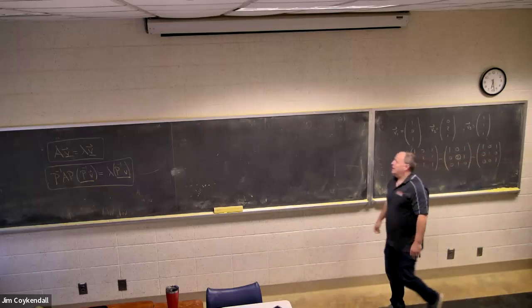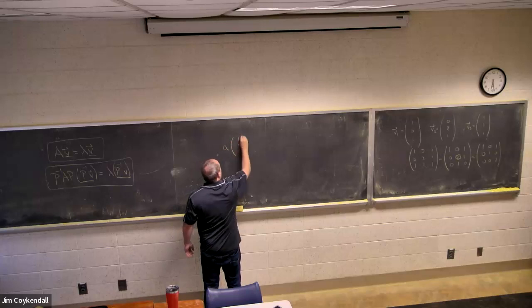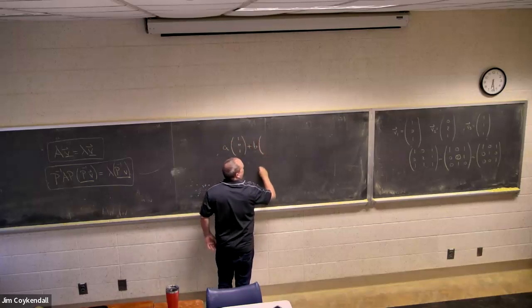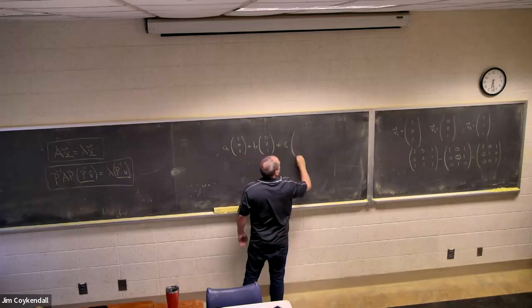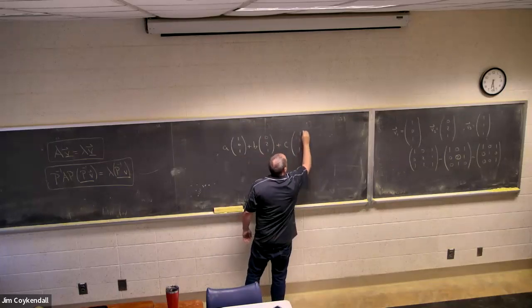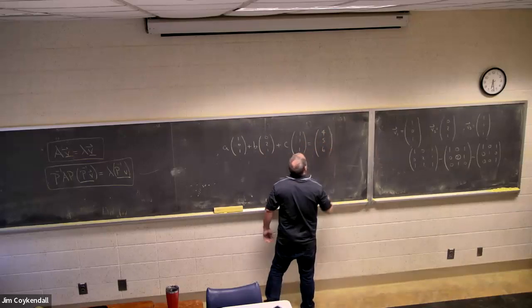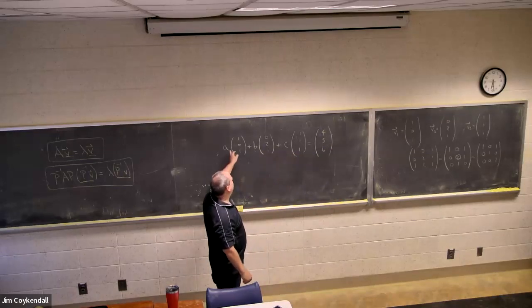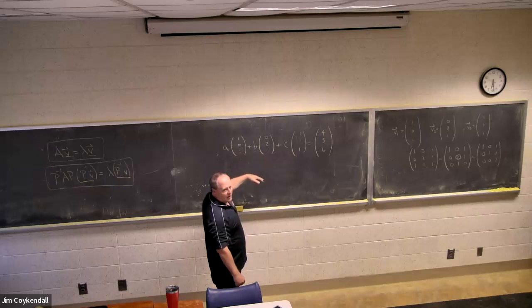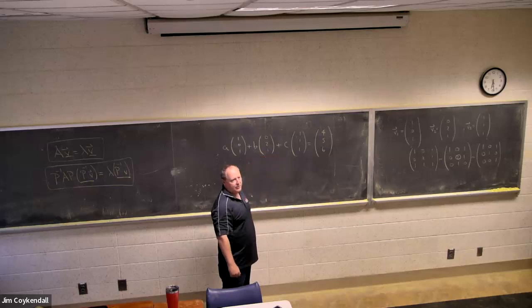So if you need to find columns A, B, C, and I think the vector was 4, 5, 6, wasn't it? If you put your eyeballs on this, this means that A plus C is 4. This means A plus B plus C is 6. So you subtract those two equations, immediately get what B is, and then you can back substitute.